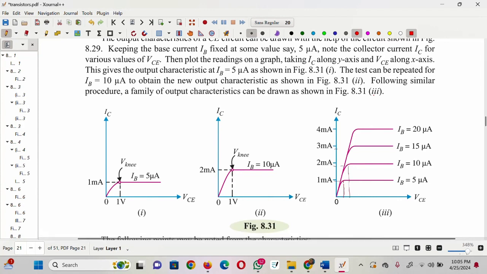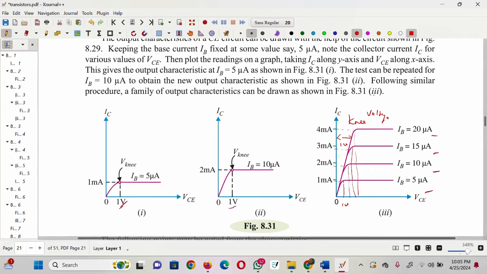It looks like saturation is going to happen, and after that if you increase, it will not increase. That's why it is called the knee voltage. For example, here it is 1 volt. For all values of IB, 5 microamperes, 10 microamperes, 20 microamperes, the knee voltage is around 1 volt.